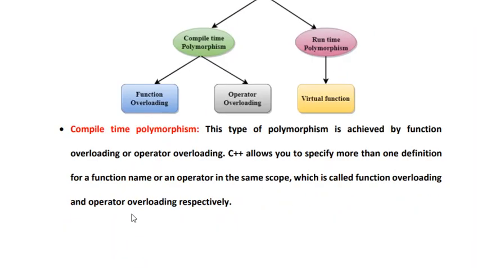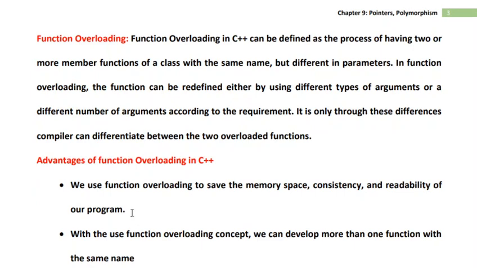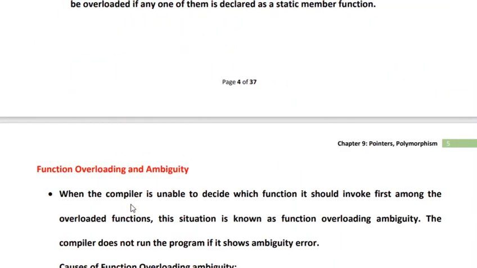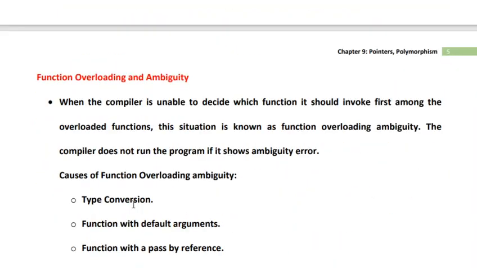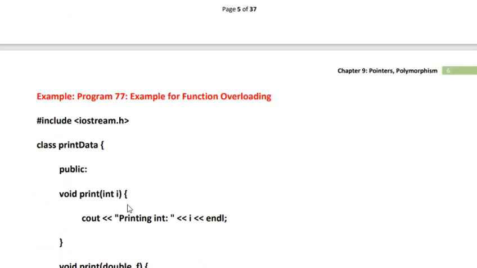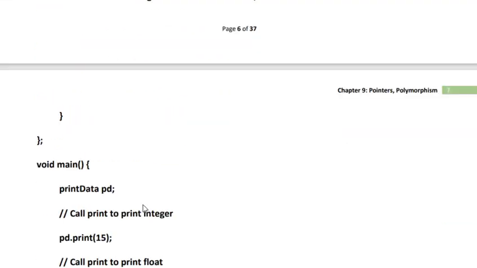We have learned in detail what compile time polymorphism is and what function overloading is. We have discussed some of the notable advantages and disadvantages of function overloading, then function overloading ambiguity and its causes, and then we have taken up an example to elaborate on function overloading.